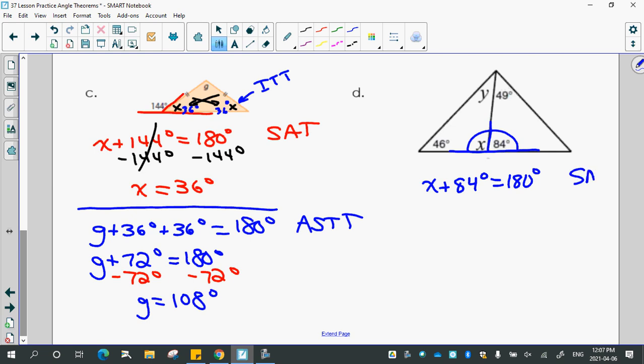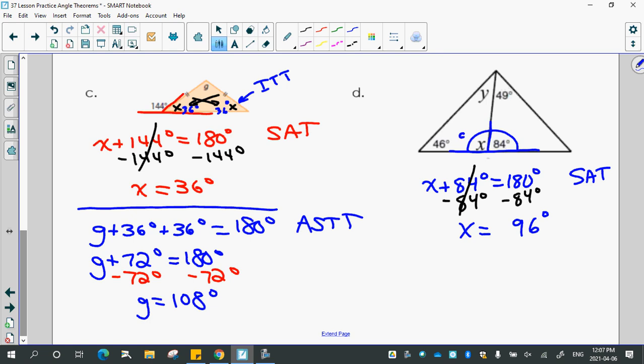So that's supplementary angle theorem, or SAT. And then you have to subtract 84 on both sides. So you get that X is equal to 96 degrees.